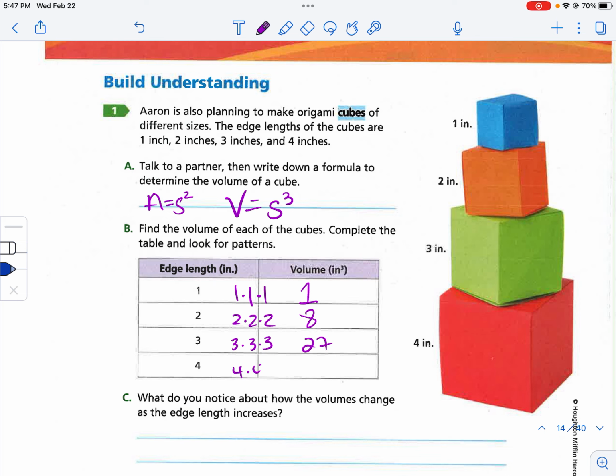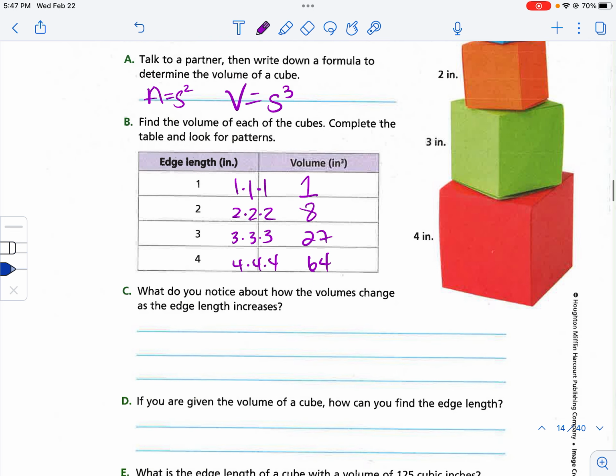And 4 times 4 times 4, we would get 64. You take the side measure and cube it.